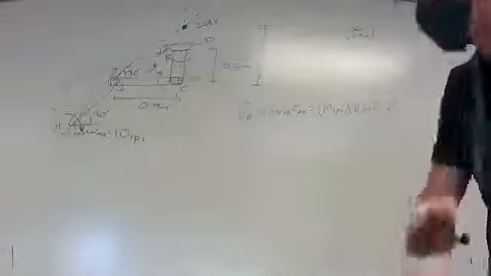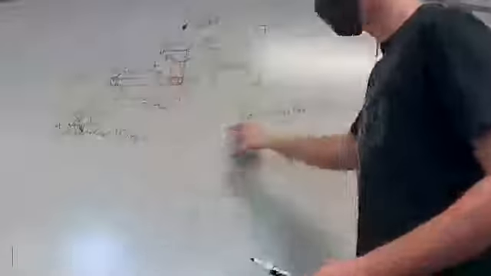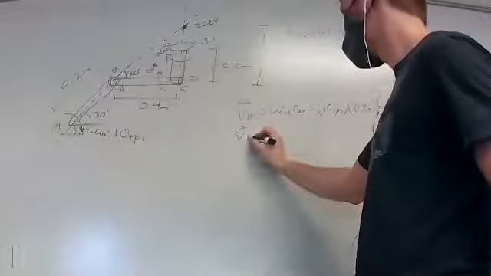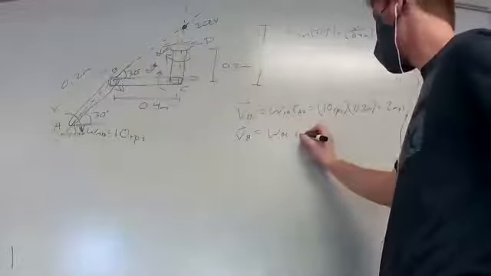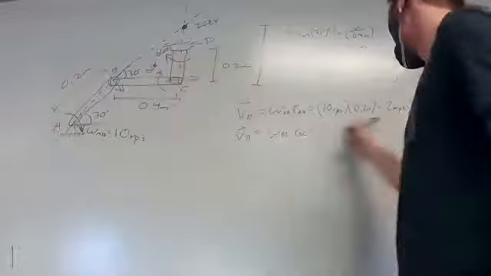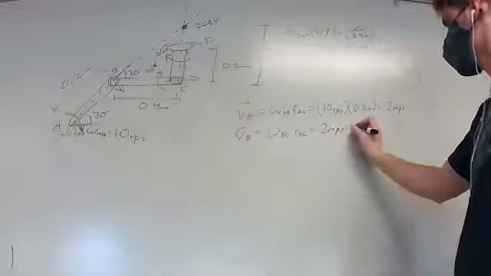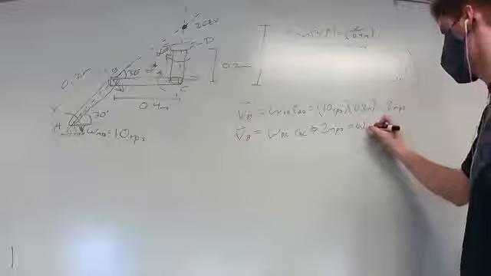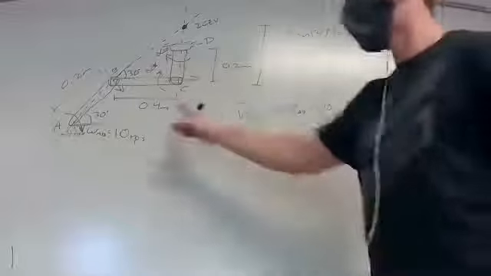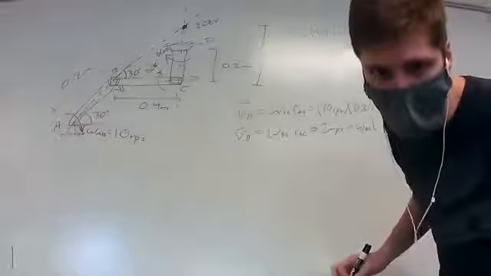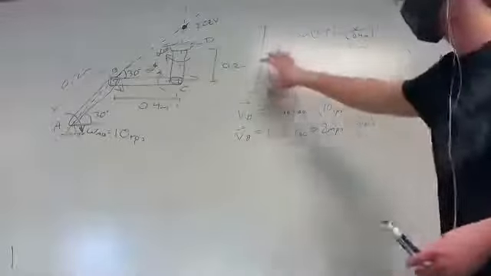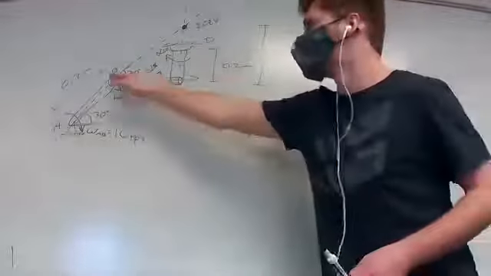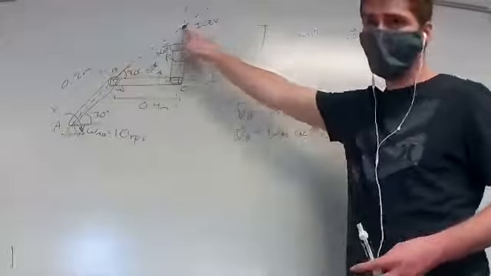So then going off of AB and moving on to BC, we can say VB is equal to omega BC, with Pythagorean theorem.